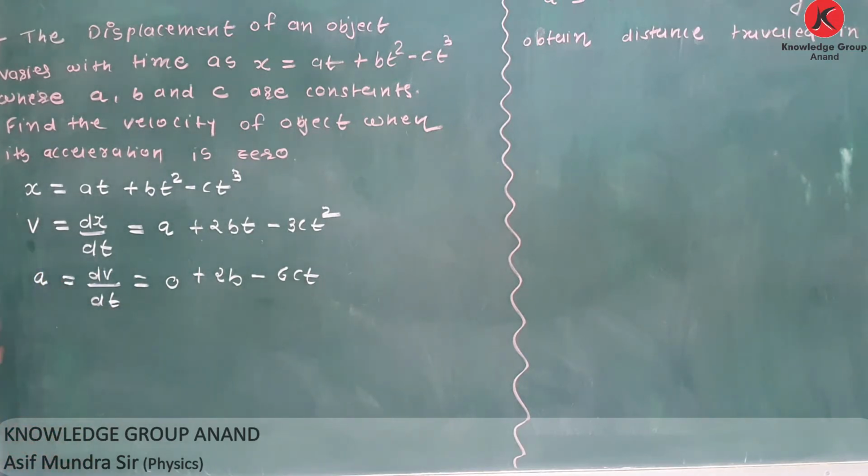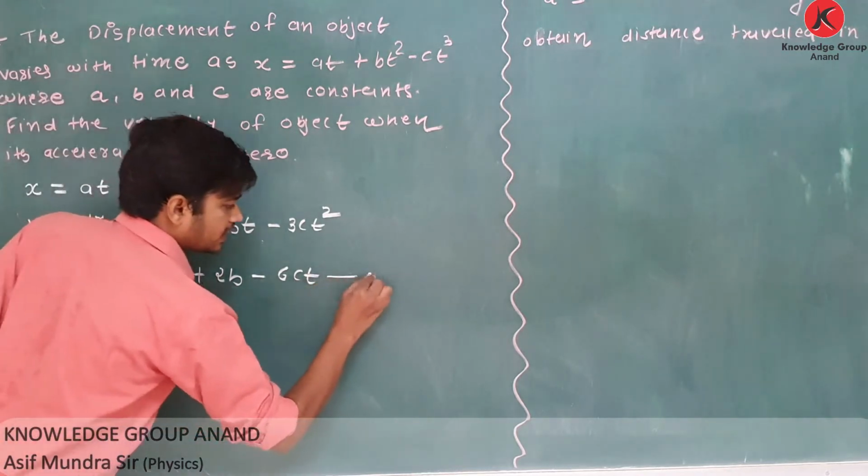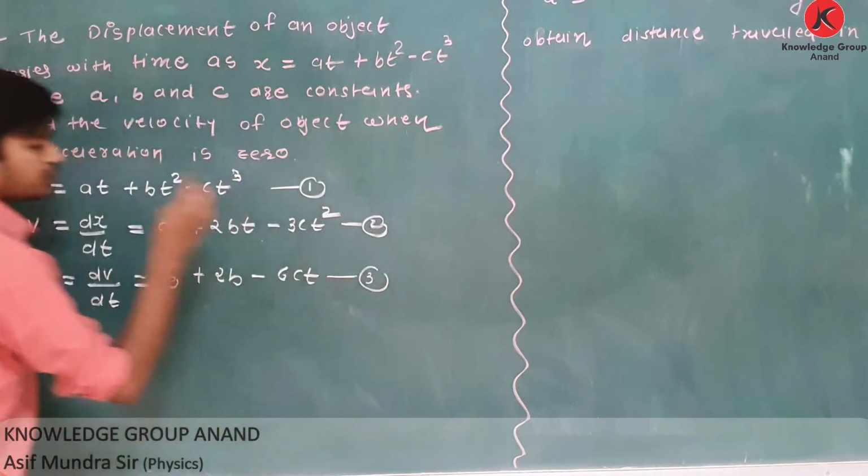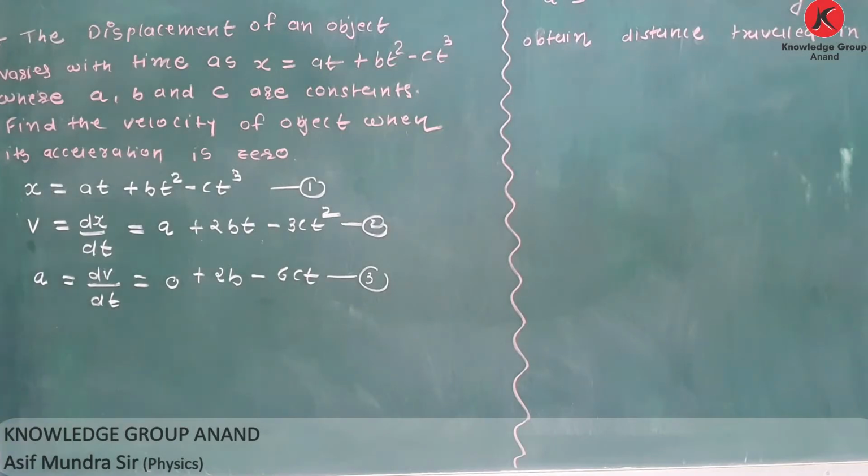Now what is your question? Find the velocity of object when its acceleration is 0. Now do you know when acceleration is 0? No. Do you know time when acceleration is 0? No. So first of all you have to find this. See, this is equation number 1, it is equation number 2, and equation number 3. Put acceleration is 0 in equation number 3.